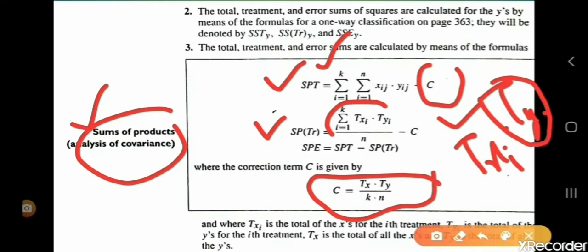Clear? And the total number of levels is n, minus c, that is the correction factor.